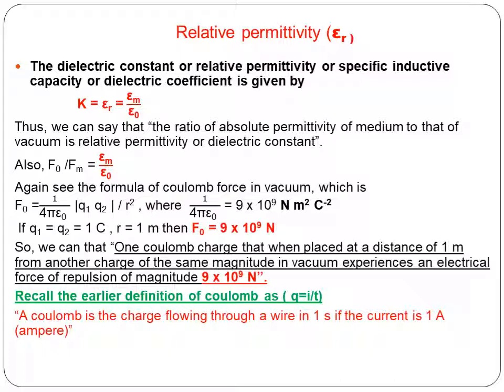Here repulsion is because Q1 and Q2 both are of the same kind. Recall the earlier definition of Coulomb, which states a Coulomb is the charge flowing through a wire in 1 second if the current is 1 ampere.